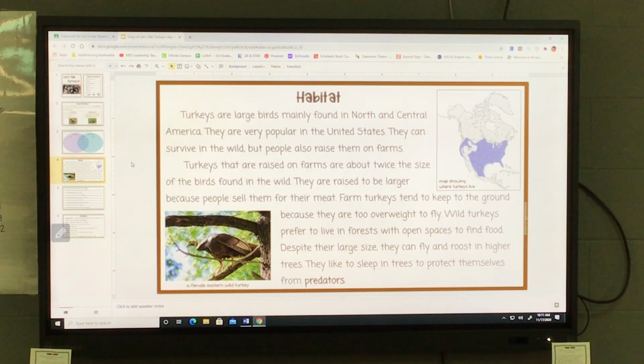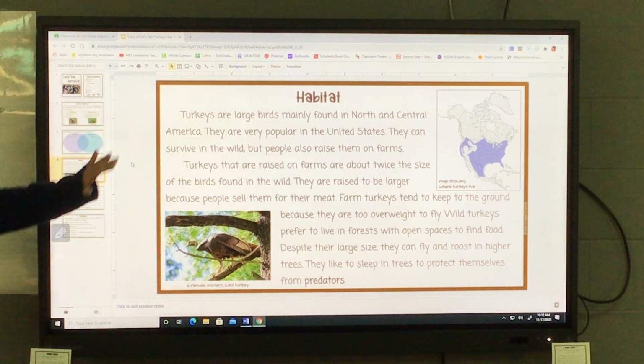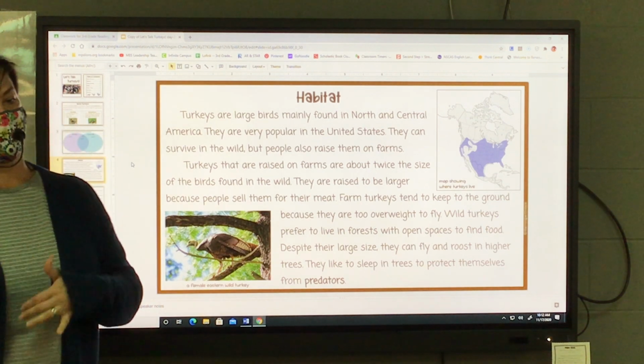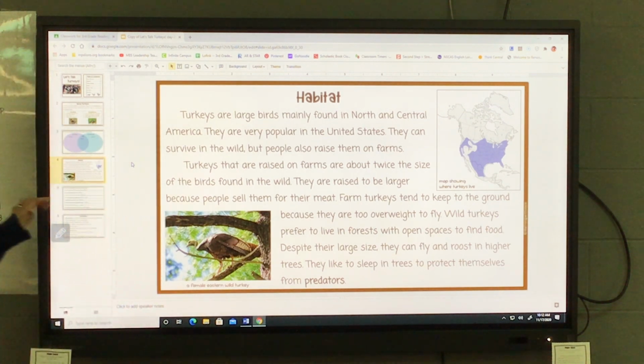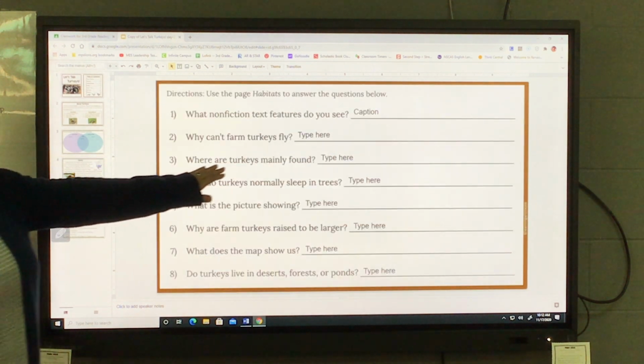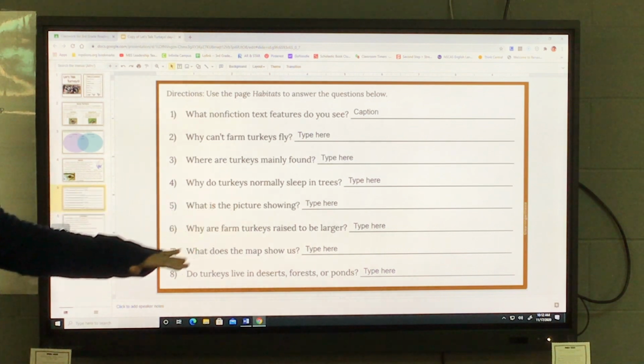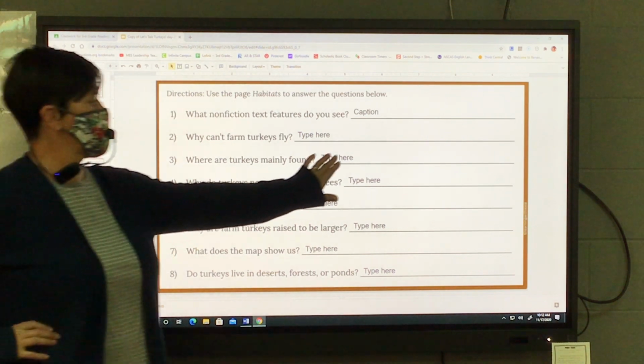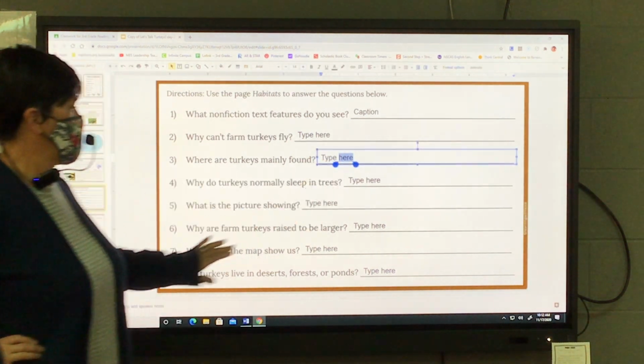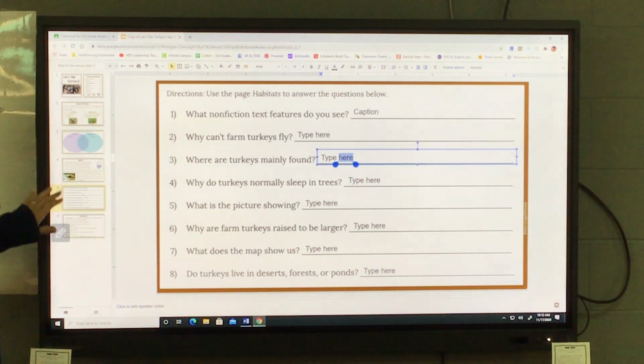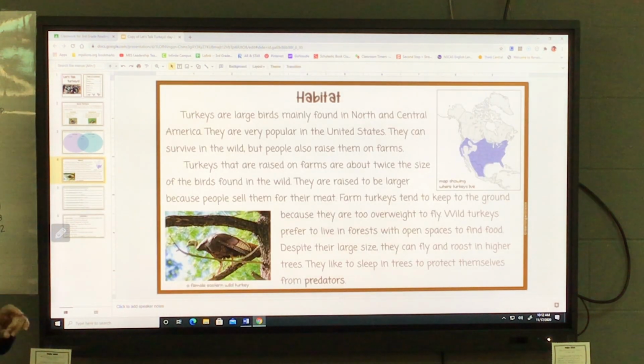All right, but if you're having a hard time seeing it up here, you could always go back to your own slide on your screen. So for question 3, where are turkeys mainly found? You're going to type your answer on line 3.